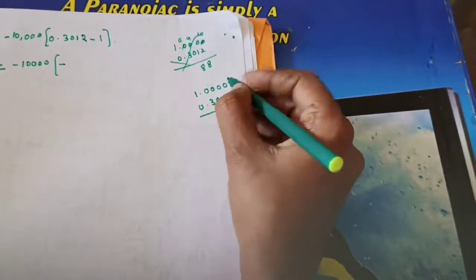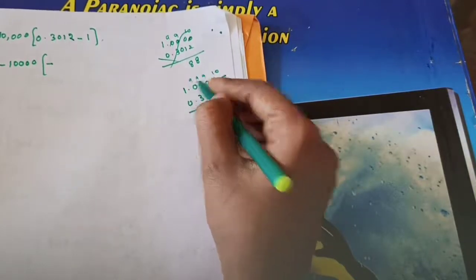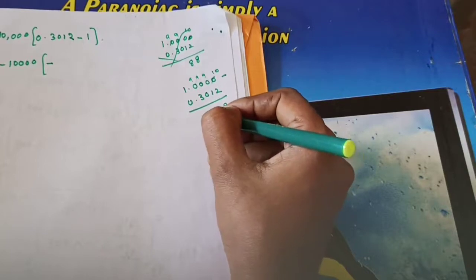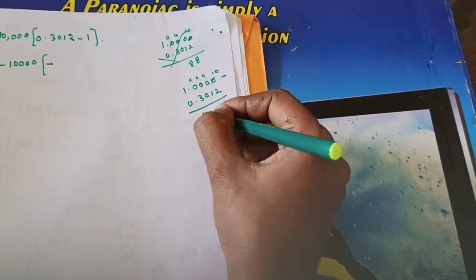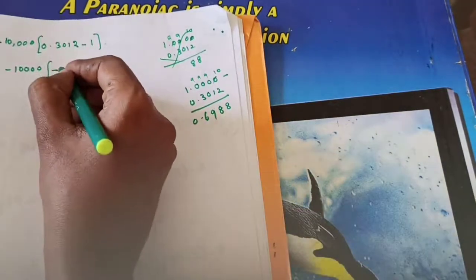Do it carefully. So it is 10, 8, remaining everything 9. Okay. 9 minus 1 means 8, 9 minus 3 means 6. So 0. Okay.